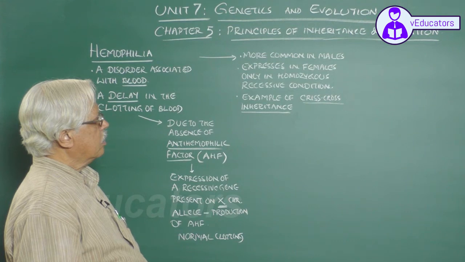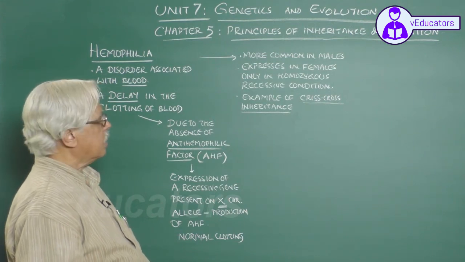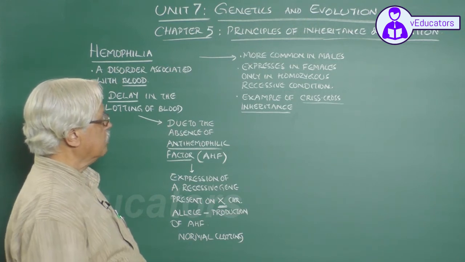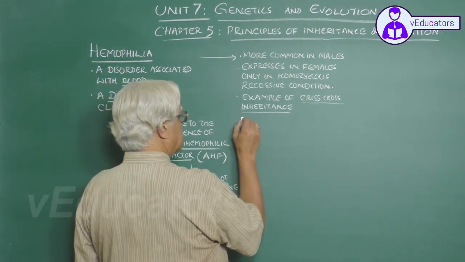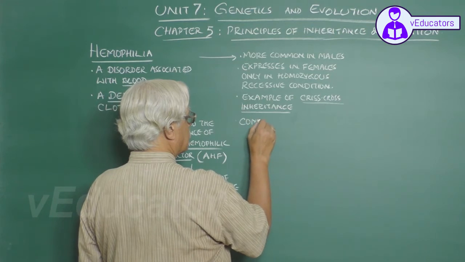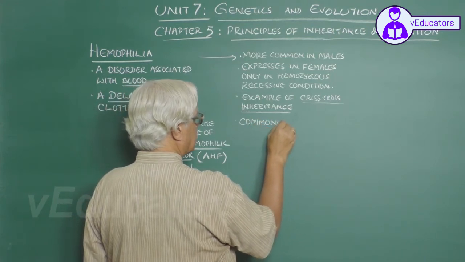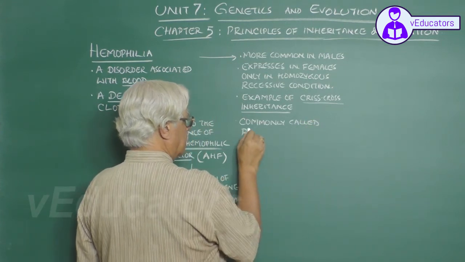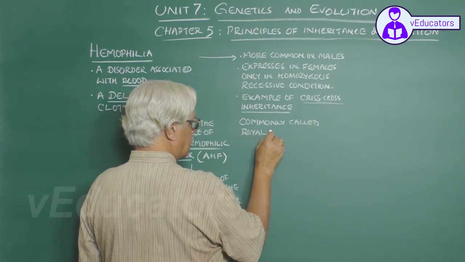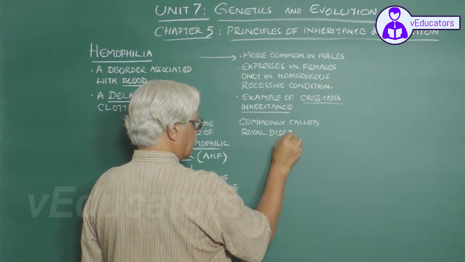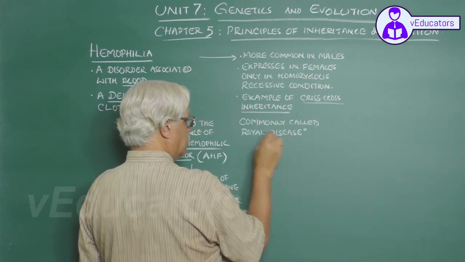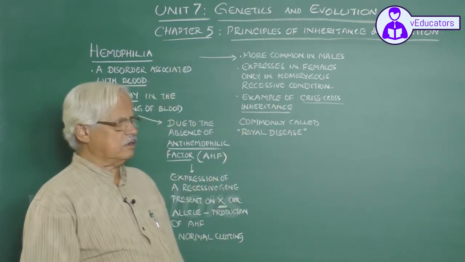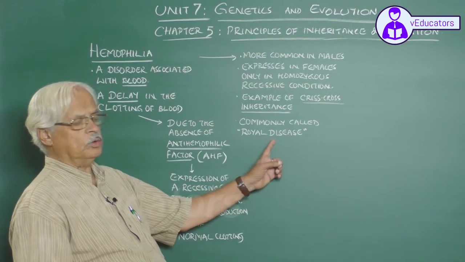Again, another important situation in hemophilia is that it is commonly called royal disease, because hemophilia has very frequently affected the royal family of Europe.